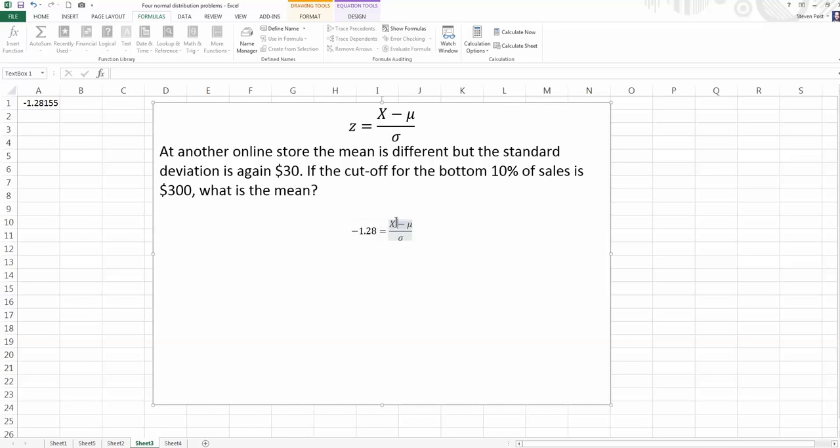This time, negative 1.28. We don't know the mean this time, but we do know that 300 is in the bottom 10%, and the standard deviation is 30.